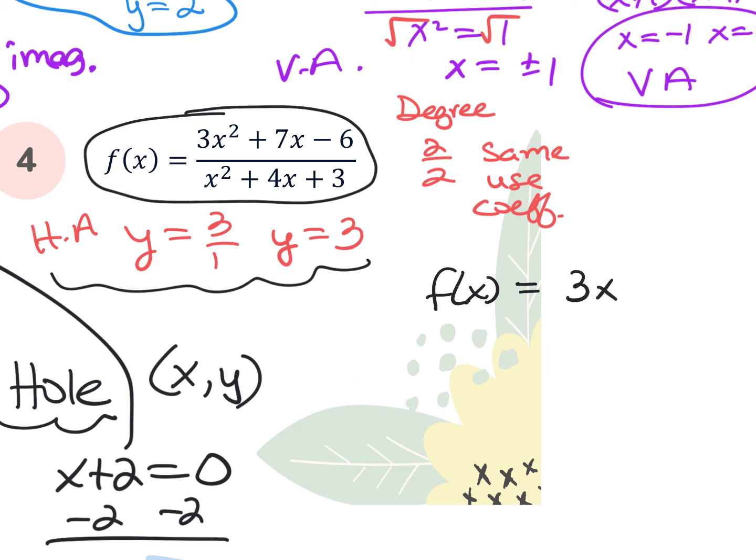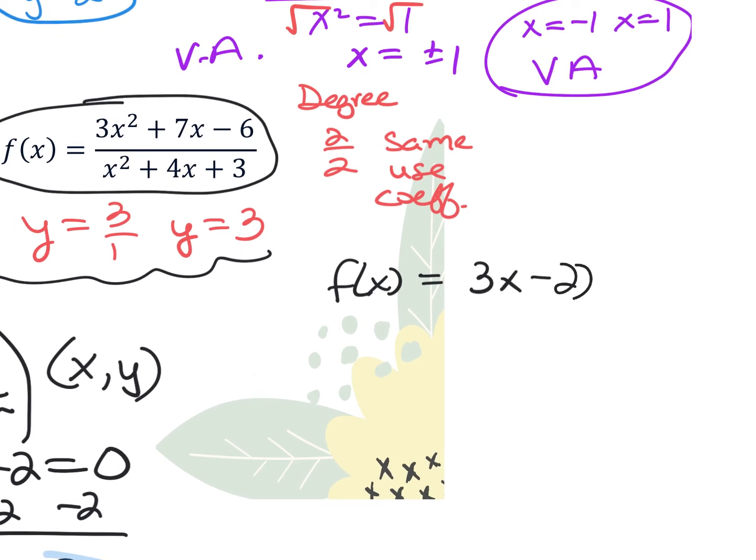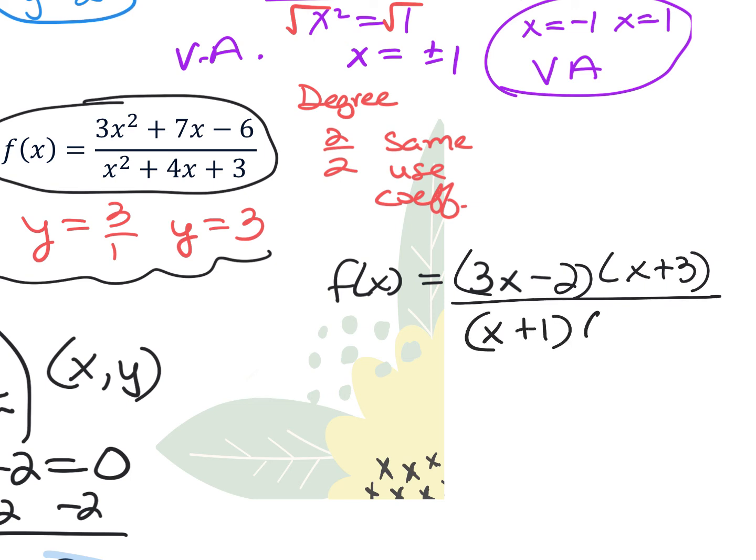The numerator, 3x squared plus 7x minus 6, will factor into 3x minus 2 times x plus 3. The denominator is going to factor into x plus 1 and x plus 3.